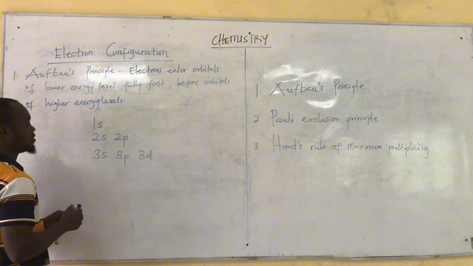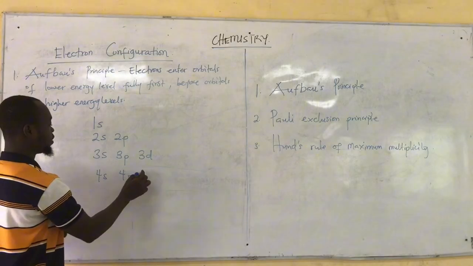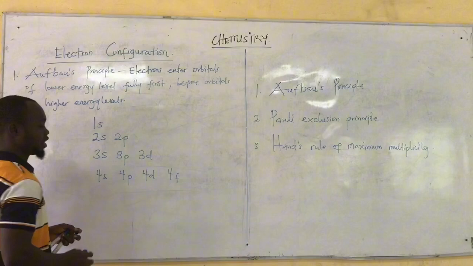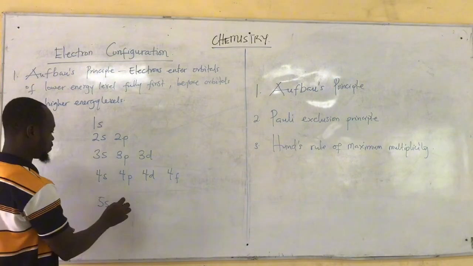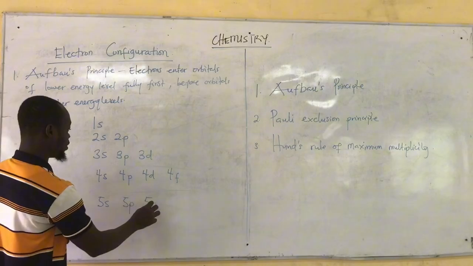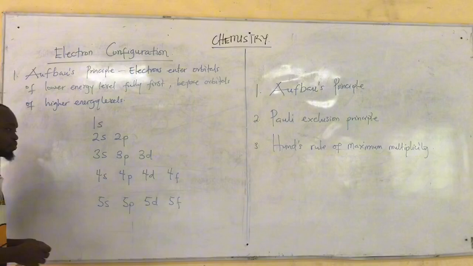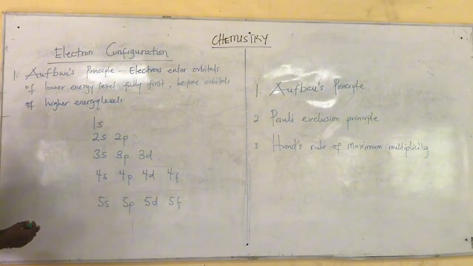In the fourth energy level, we have the 4s, the 4p, the 4d, and the 4f. In the fifth energy level, we have the 5s, the 5p, the 5d, the 5f. So these are the orbitals regarding the shell.